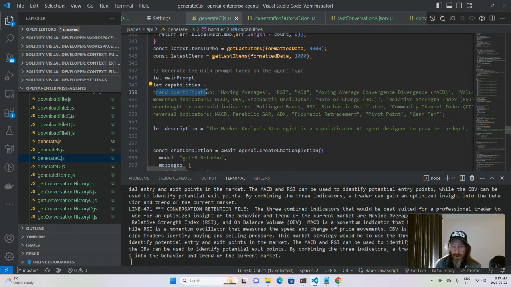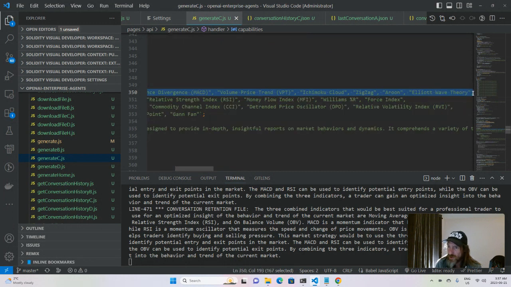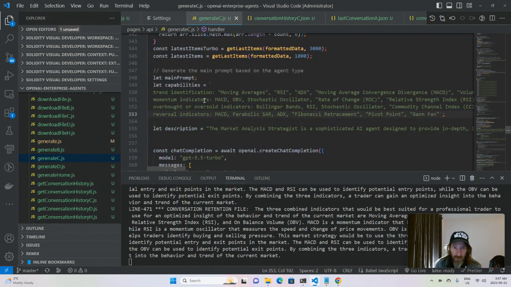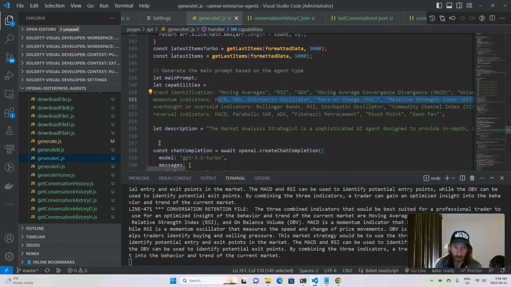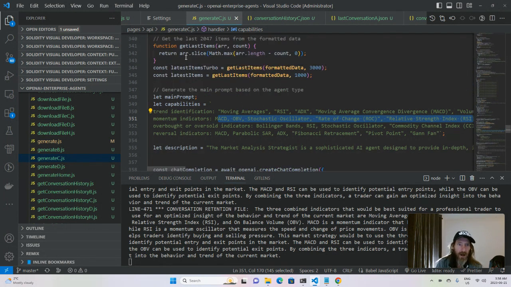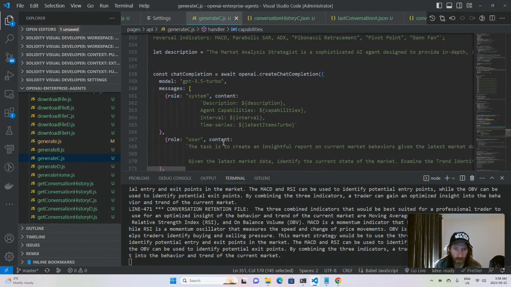I can put trend identification and all the indicators that do just that. Momentum indicators, then I can put all the indicators that do just that, and so on. So I'm really structuring it to define capabilities and description.